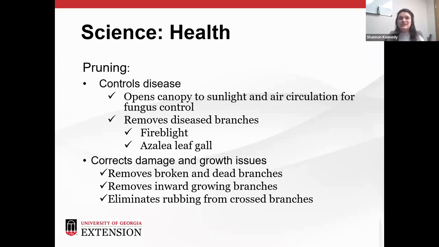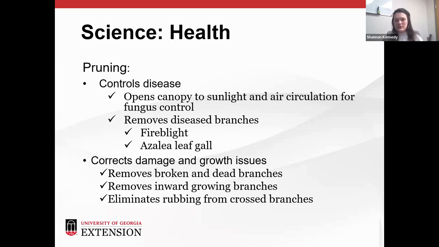And that air circulation is important because it reduces the chance of fungal disease. It also is important because if you already have a disease occurring in a plant, you can prune the disease out. And this is important for controlling diseases like fire blight or azalea leaf gall.